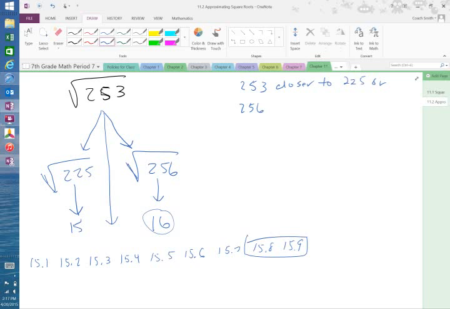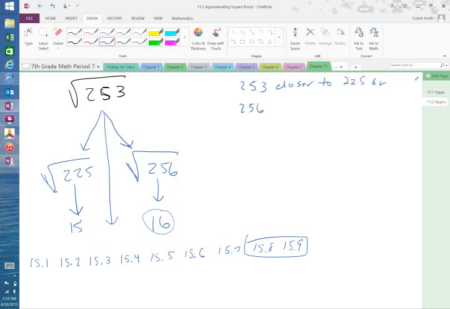If they're real close, then the square root of 253 has to be real close to the square root of 256, which we know is 16. So the square root of 253 is very close to 16.